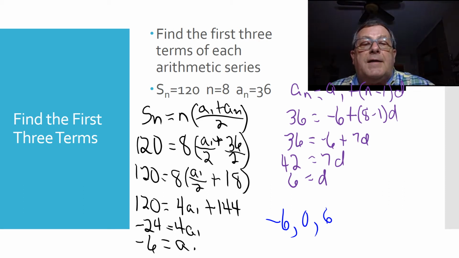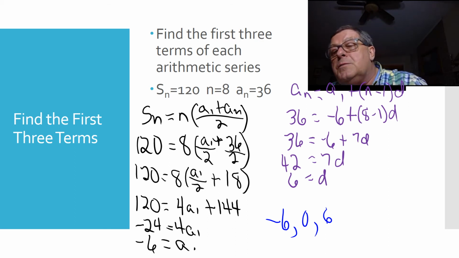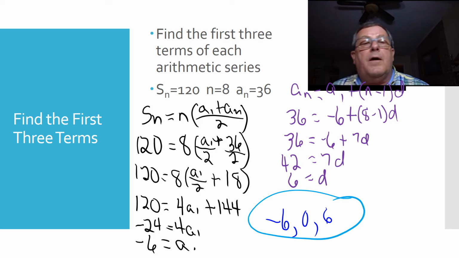So given that the sum of the series is 120, the number of terms is 8, and the last term is 36, we calculated the first term, which is negative 6. Then we calculated our common difference, and we simply added the common difference to the first term and each successive term to come up with our first three terms. And shazam, there they are.